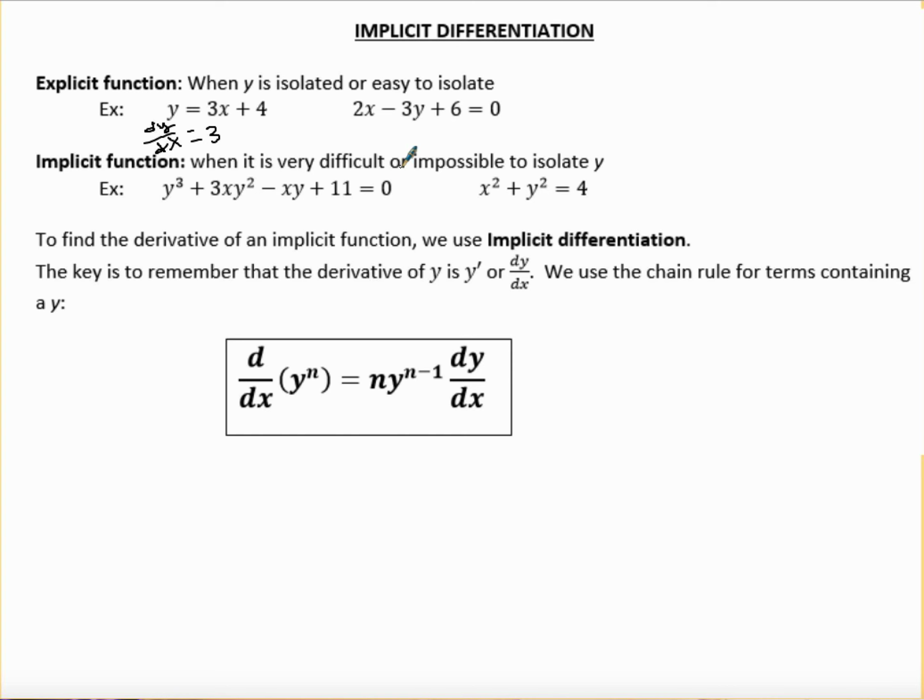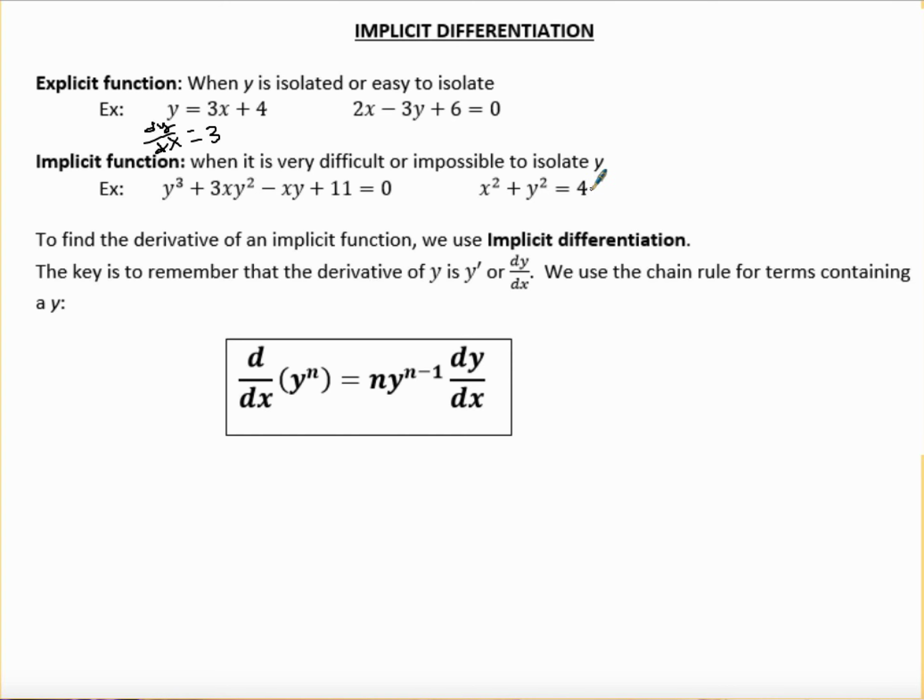Easy, huh? So when are you going to use implicit differentiation, throwing in this extra dy dx, telling the world that you took the derivative of y and not the derivative of x? Well, we do that when it's very difficult or impossible to isolate the y value. It's not impossible to isolate y in this equation here, but it's not pleasant, and you're going to be working with rational exponents.